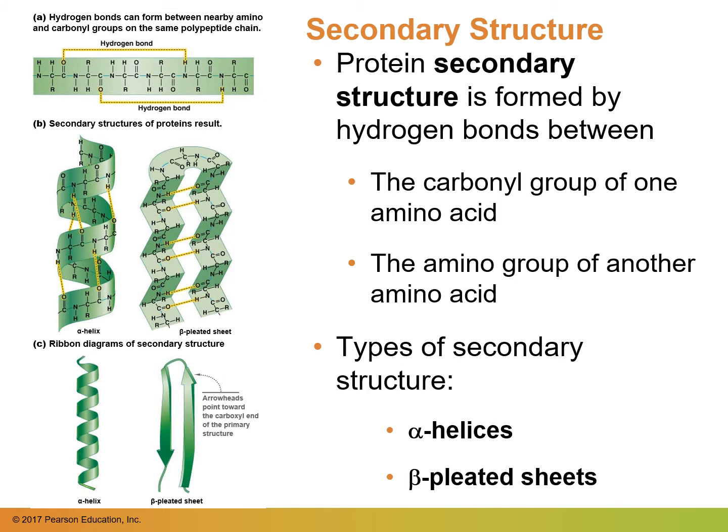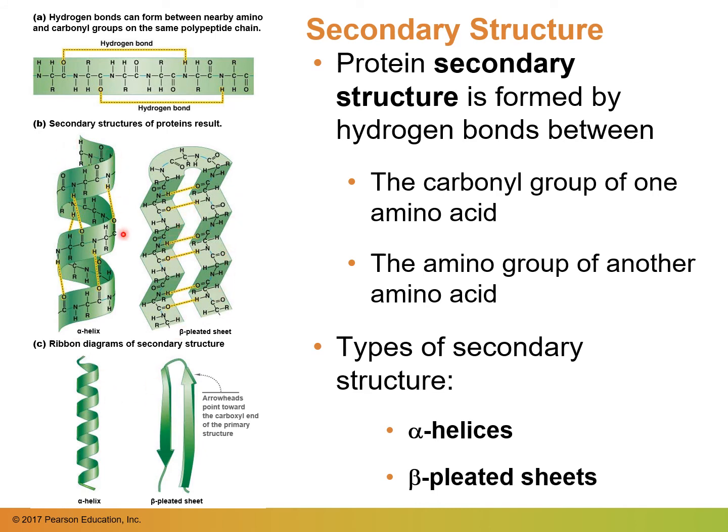Okay, so we have different types of secondary structure. We have the alpha helixes, or we have the beta pleated sheets. The alpha helixes are these twisted ones that kind of look like DNA, right? And then the beta pleated sheets are the ones that are sheet-like, where they're not twisted, they're just bonded to each other.